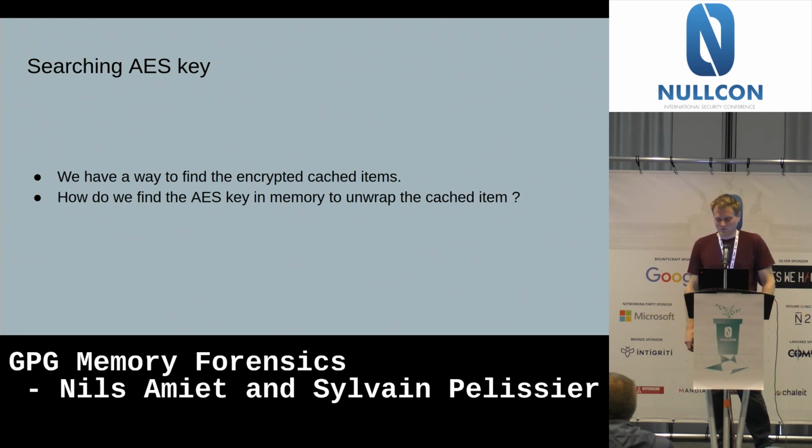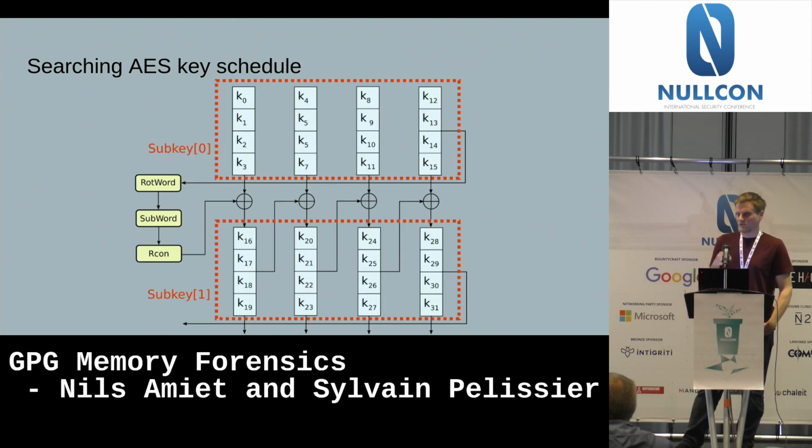It's not really easy to find, but hopefully there is a known method to recover an AES key in a memory dump. It's based on the fact that AES, before encryption, uses the AES key schedule algorithm. It will basically take the secret encryption key, which is the first sub-key here, and derive 10 other sub-keys with this algorithm.